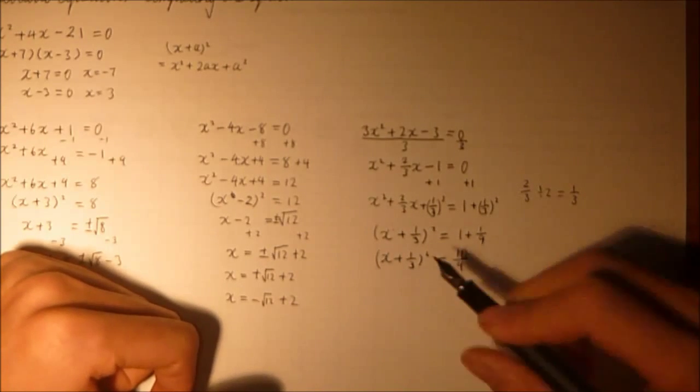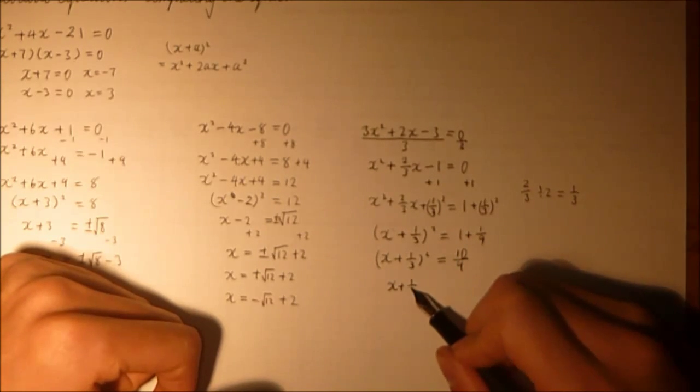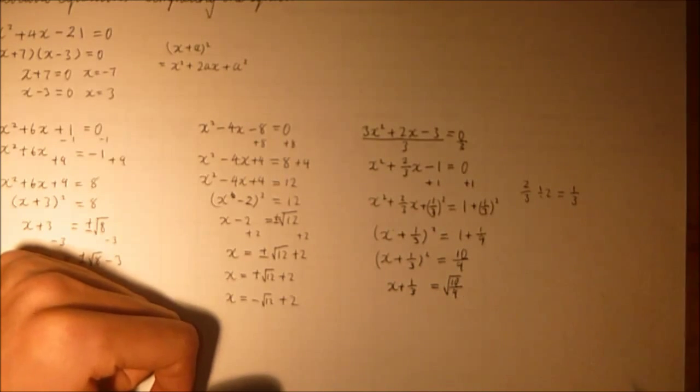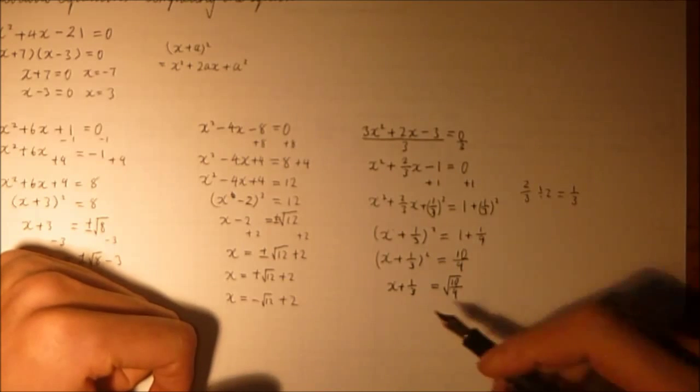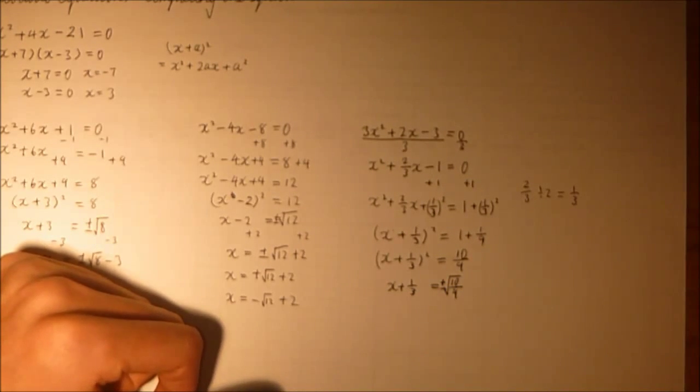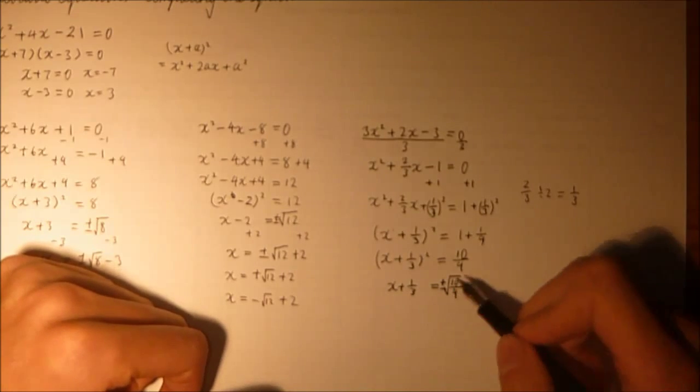And now square root both sides. x plus 1 over 3 equals either positive or negative square root of 10 over 9.